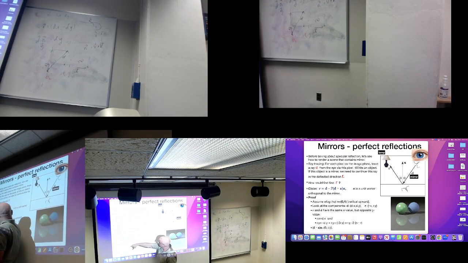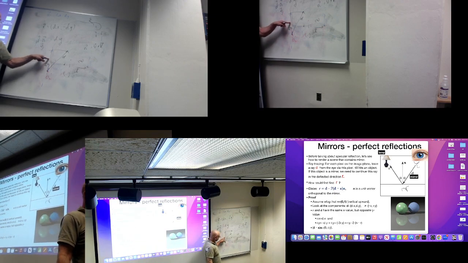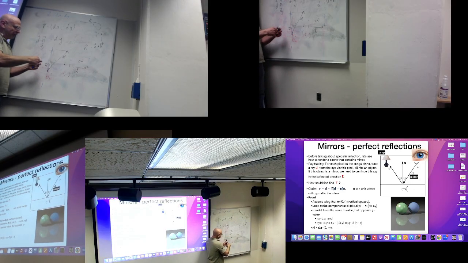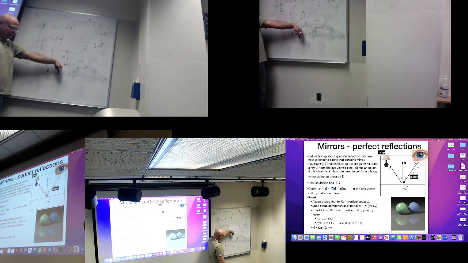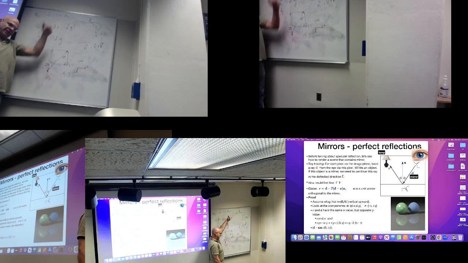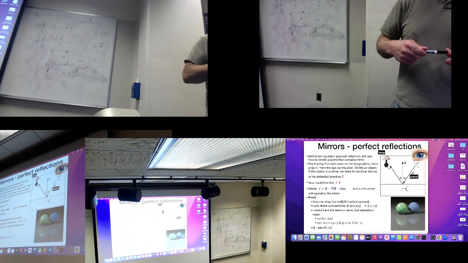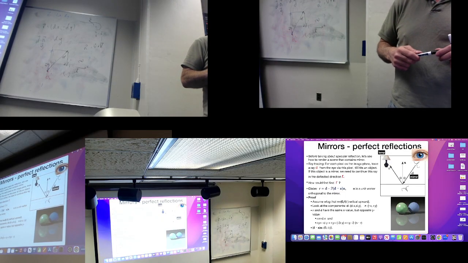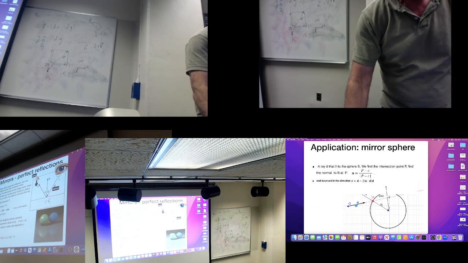And all I need to do is to say R equals D minus this new vector that I just took. And what happens? What used to be the vertical speed is now the same magnitude of the vertical speed, just in the opposite direction. And the horizontal speed is unchanged.